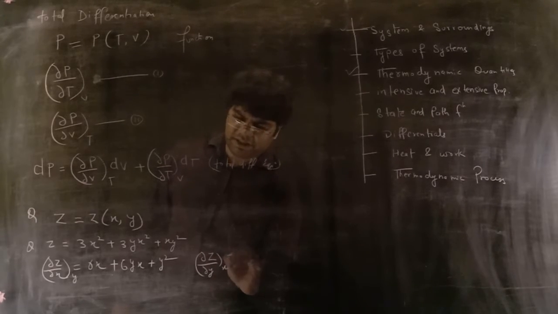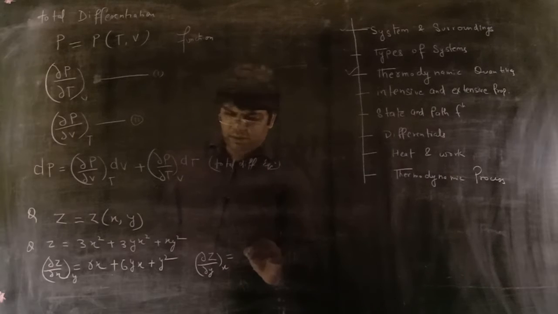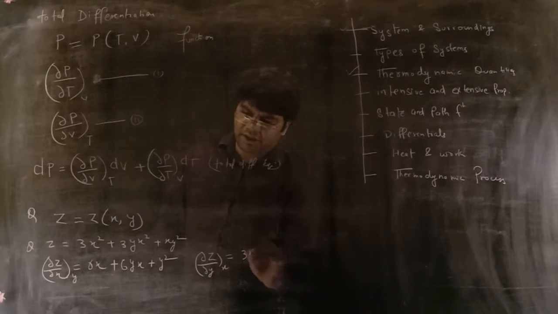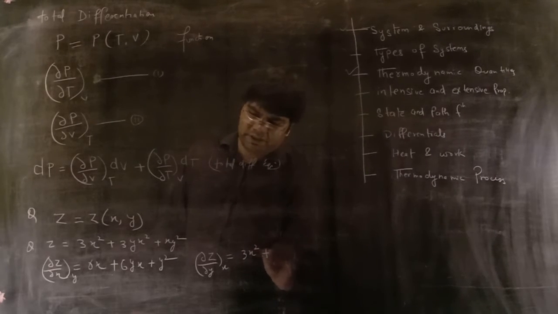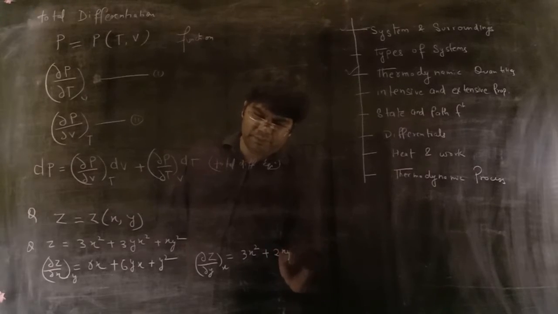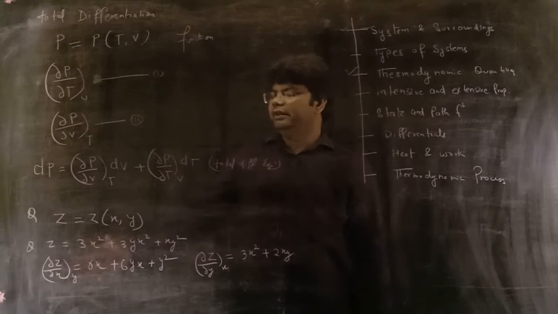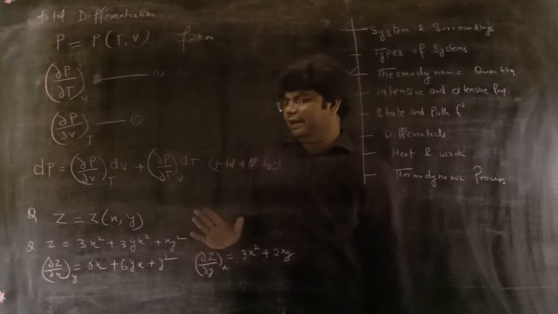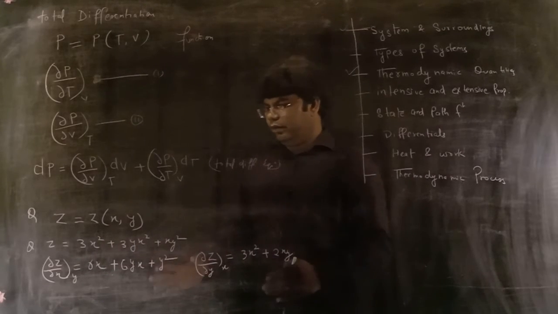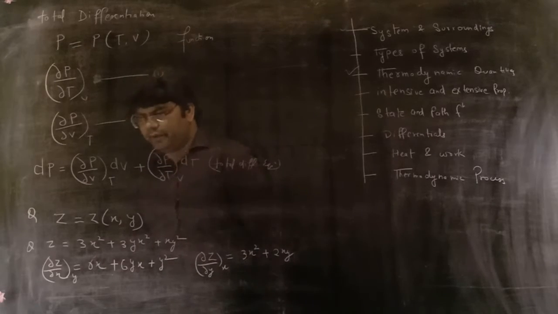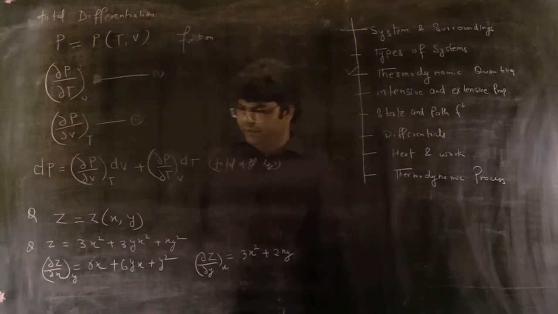Keeping x as a constant, you will get 3x square plus 2xy. These are your two partial differentials. And how will you write a partial differential equation?